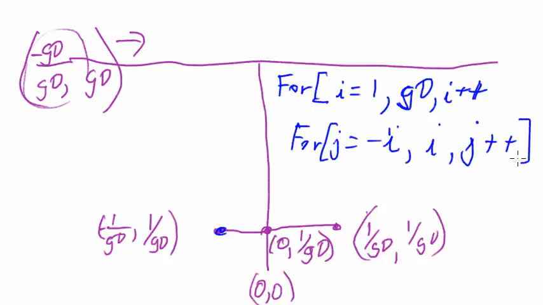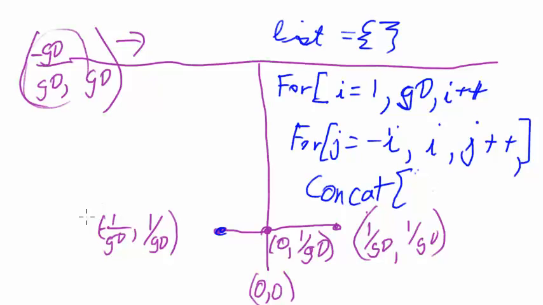And then we'll start with the list empty, and then we'll just add to the list each time a point, which is j over grid density, comma I over grid density.